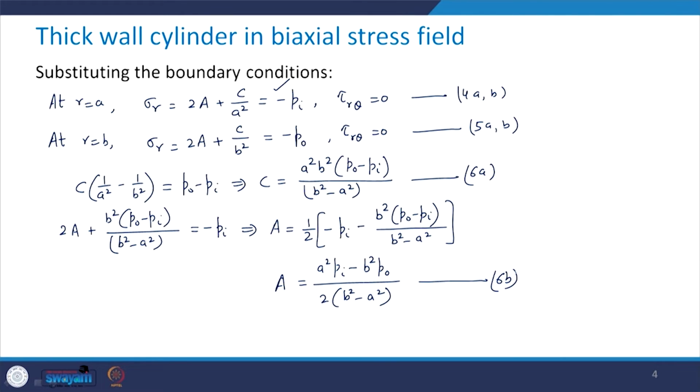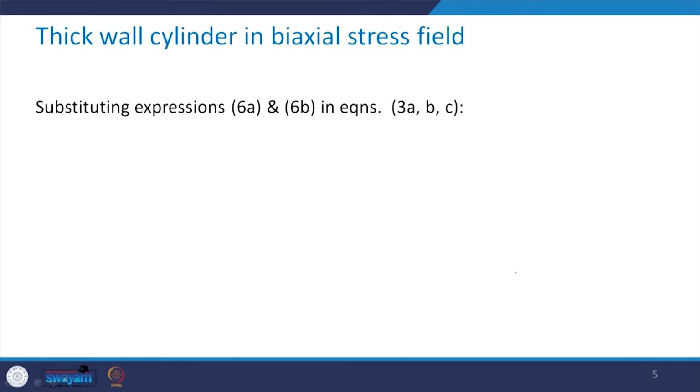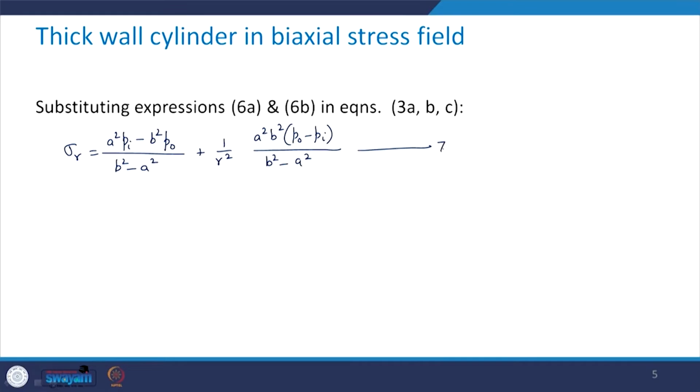Now you substitute these expressions 6a and 6b in equations 3a, 3b and 3c. This is what you are going to get. That is sigma r will be equal to a square pi minus b square p naught divided by b square minus a square plus 1 upon r square, a square b square into p naught minus pi divided by b square minus a square. 7a.